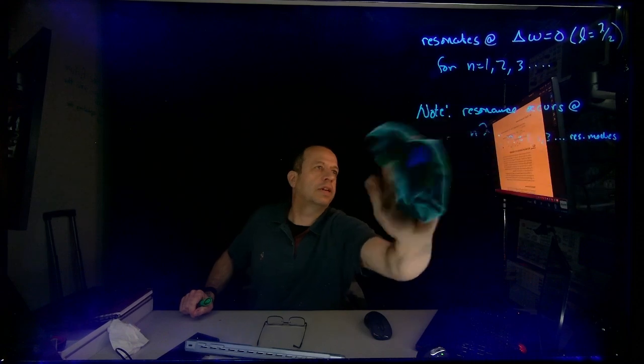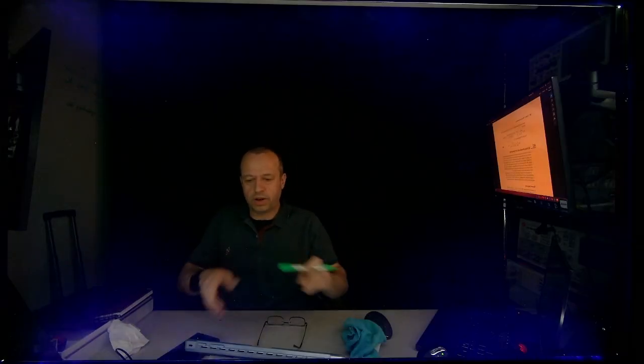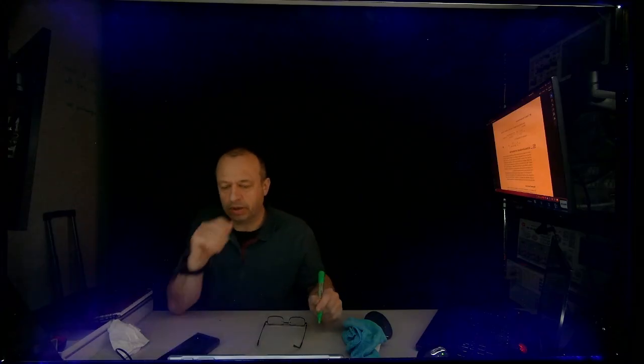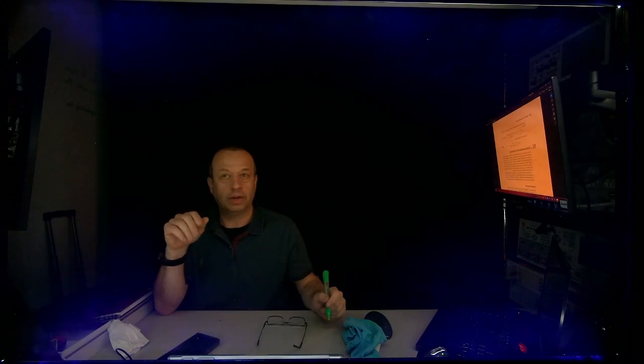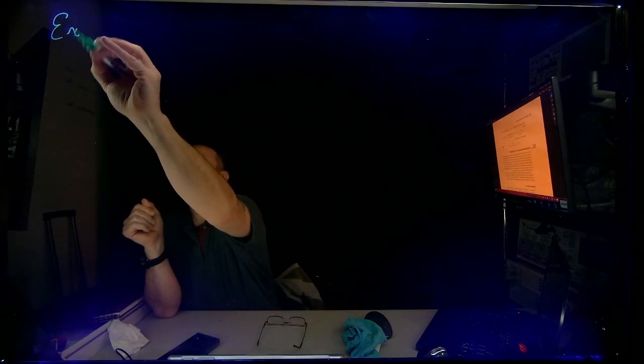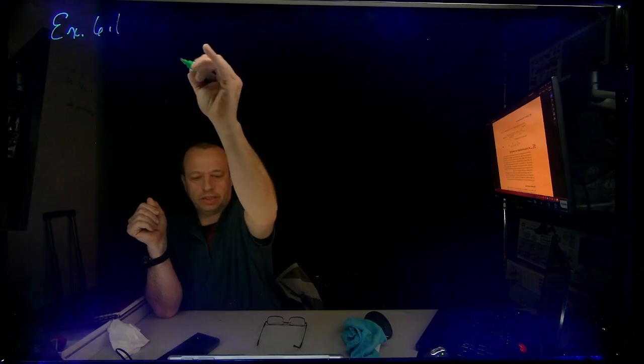Let's clean this up. Okay, so from example 6.1 in your textbook, feel free to follow along. This is a pretty good example, and I'm going through it just as it is in the textbook.